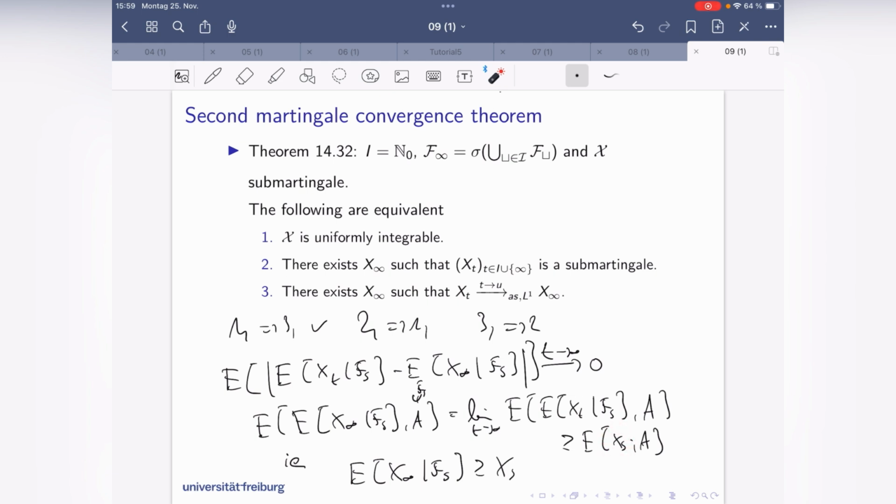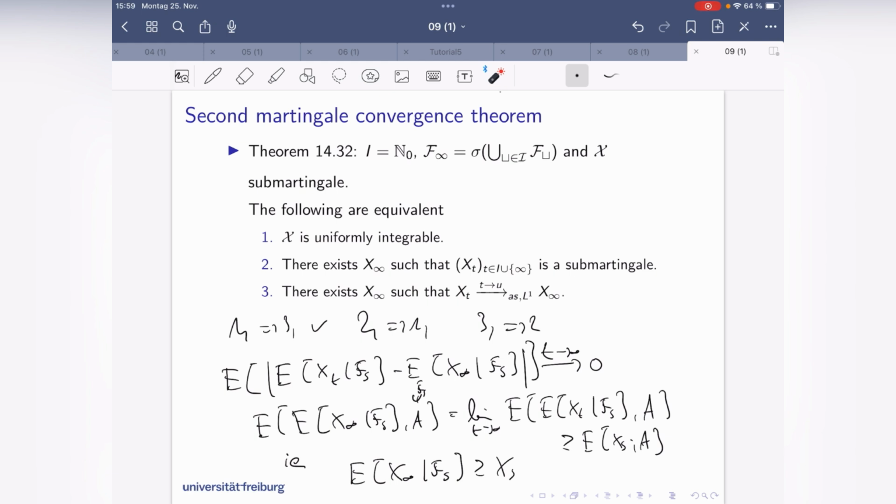Well, because A, you could just take the set where xs is bigger than this thing here. That's in fs. You would still have this here.